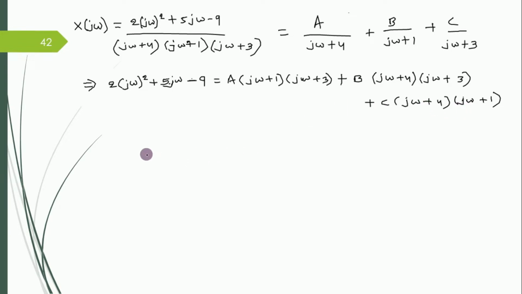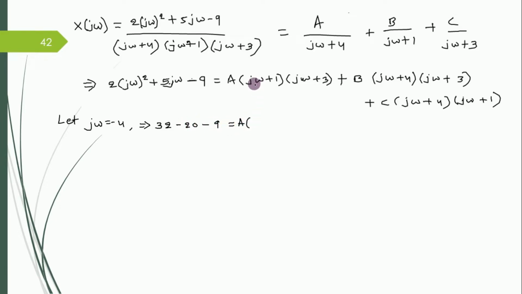Now we shall apply values for j omega such that two of the variables that we have just defined go to 0, and then we can find the remaining variable. Let j omega be equal to minus 4 in the first case. Minus 4 square is 16, 16 twos are 32, then 5 into j omega, 5 fours are 20 with the minus sign, and this is minus 9.